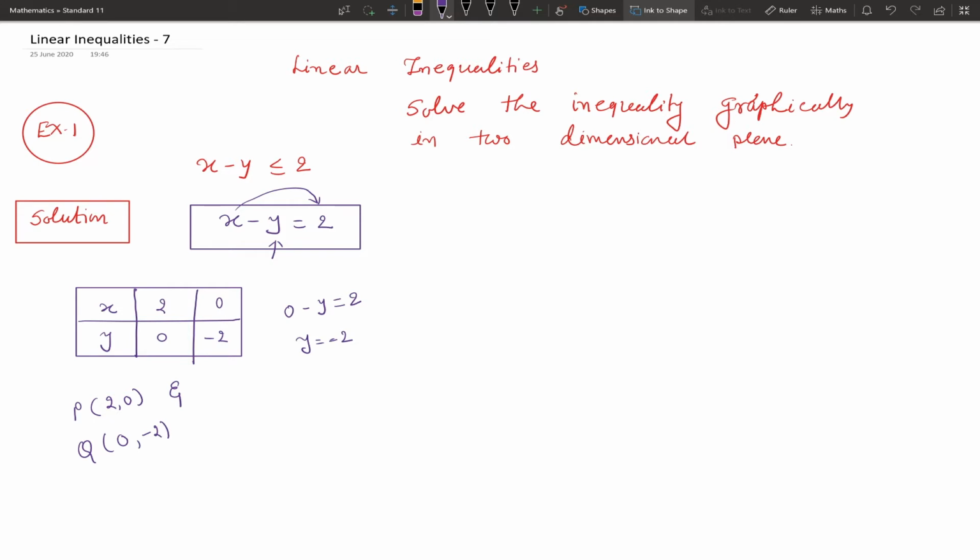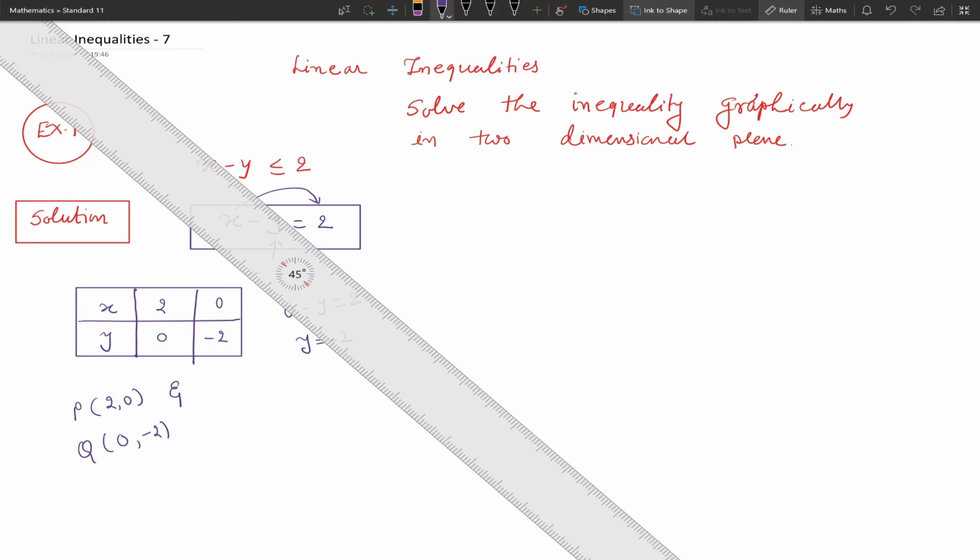Again, we note that it is a slack inequality. So there will be a continuous, or you can say dark line.